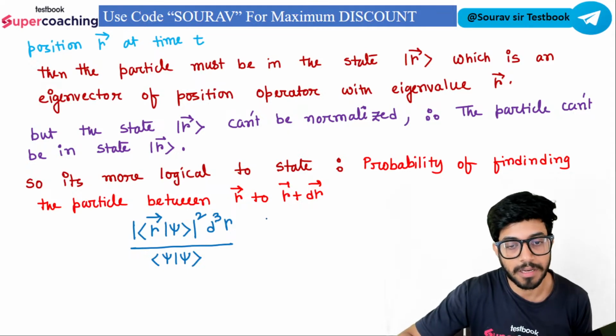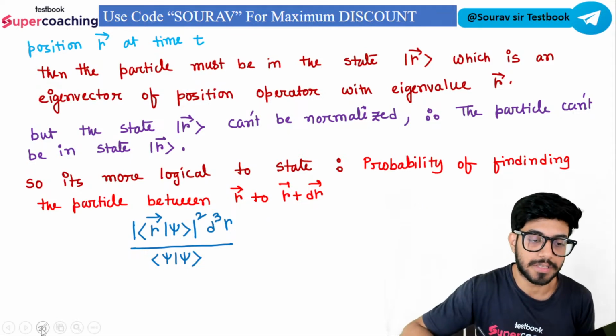And therefore the probability of finding the particle between r equals a and r equals b is the integration of this thing.